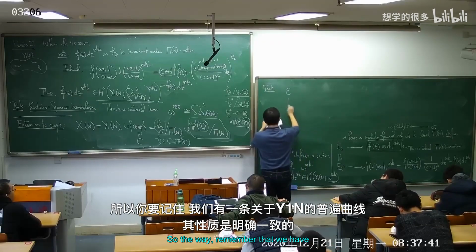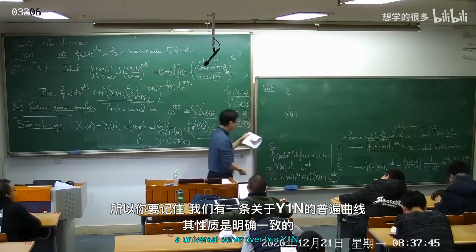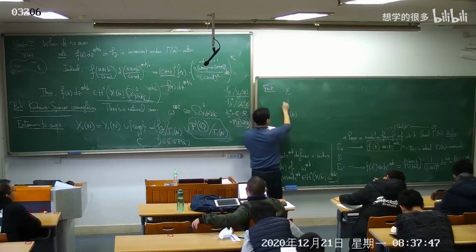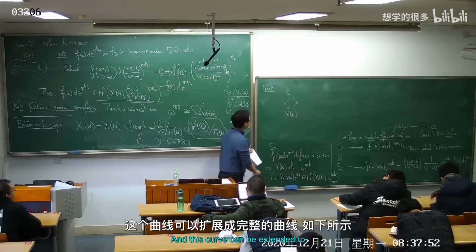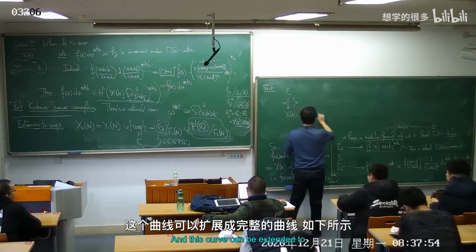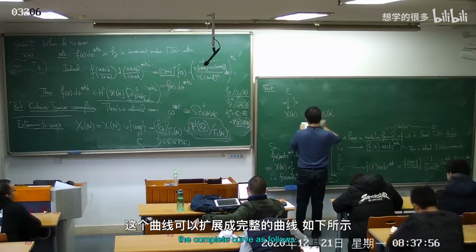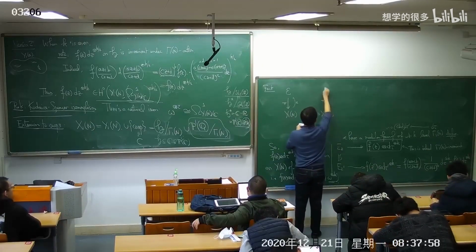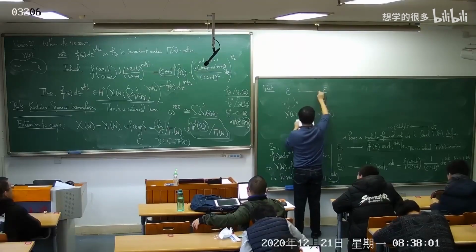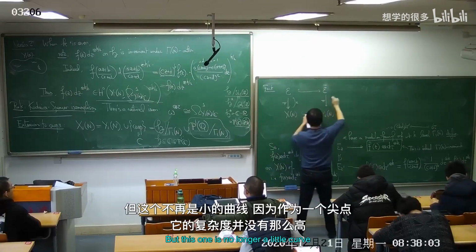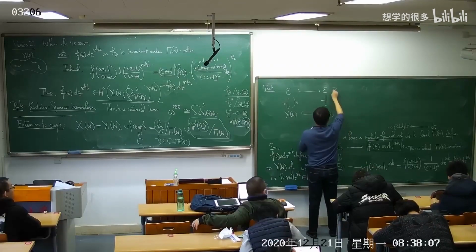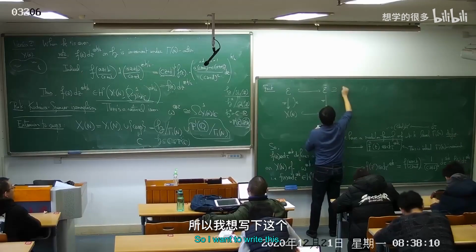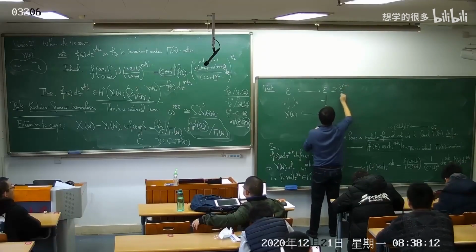Remember that we have a universal elliptic curve over this Y1(N), which is constructed explicitly, and also there's a section, the zero section, and this curve can be extended to the complete curve as follows. But this one is no longer an elliptic curve because at a cusp it's not as nice.